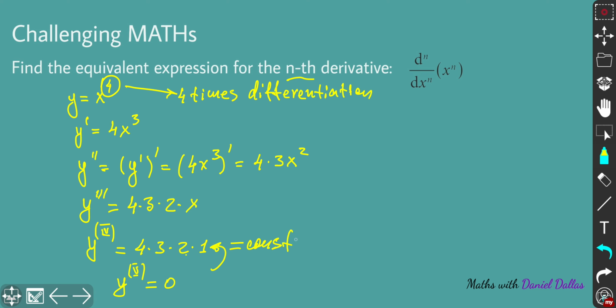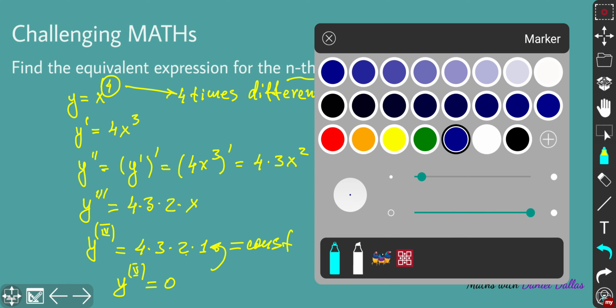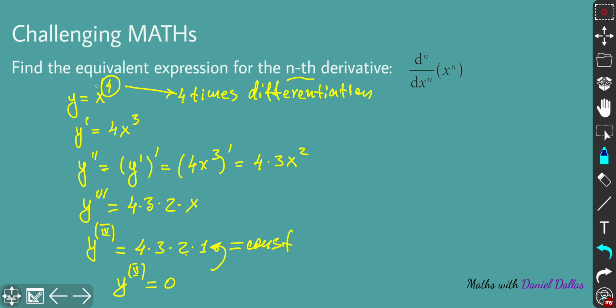But let's have a look at the pattern. We've got 4 coming from the power, then we get 3, diminished by 1, then 2, and then finally 1. So it looks like you will have 4 factorial in the end, if you know what I mean.